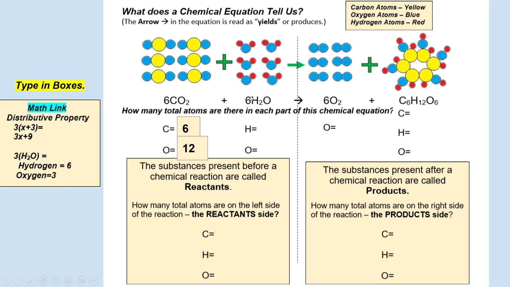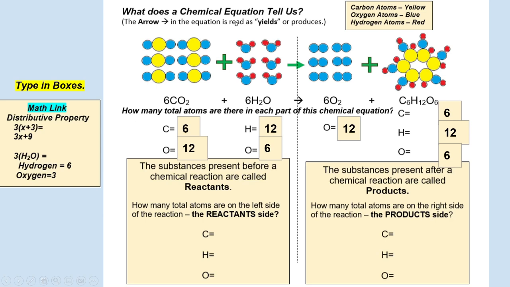Over here, 6 times 2, we have 12 hydrogen, and 6 times 1, 6 oxygen. Make sure you're following along in your notes. On the product side, we have 6 times 2, 12 oxygen, and over here we have 6 carbon, 12 hydrogen, and 6 oxygen.